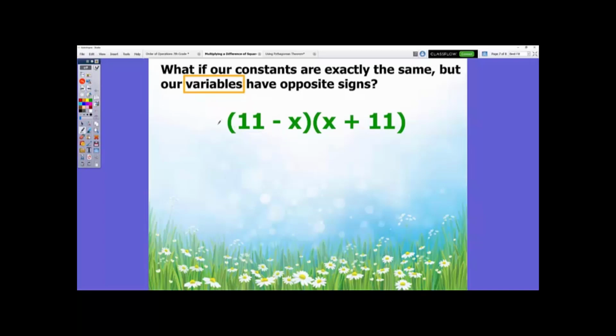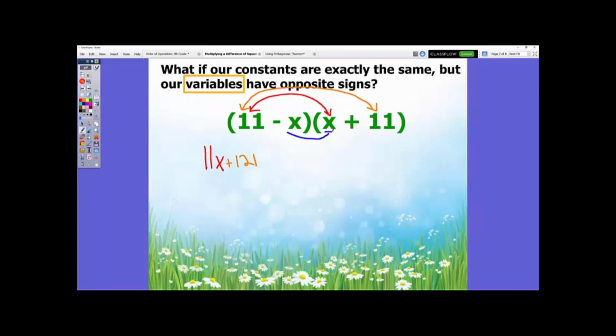And let's use the FOIL method. We'll start with the firsts. 11 times x is 11x. We'll then move to the outer, and that'll be 11 times 11, which is positive 121.